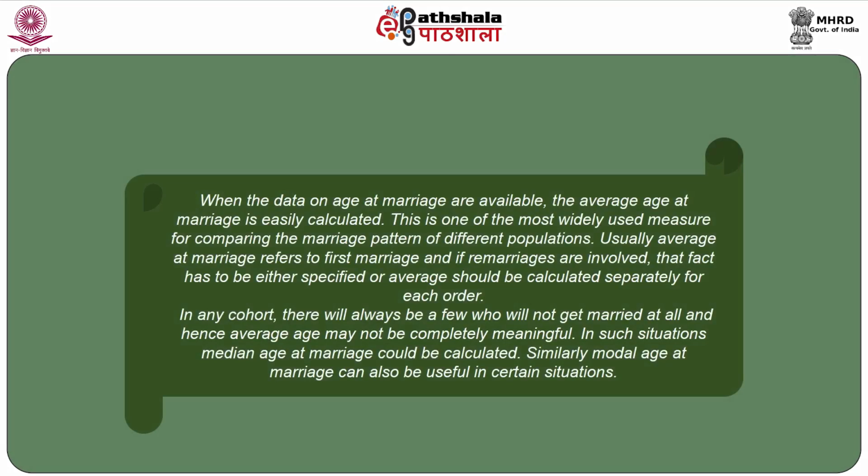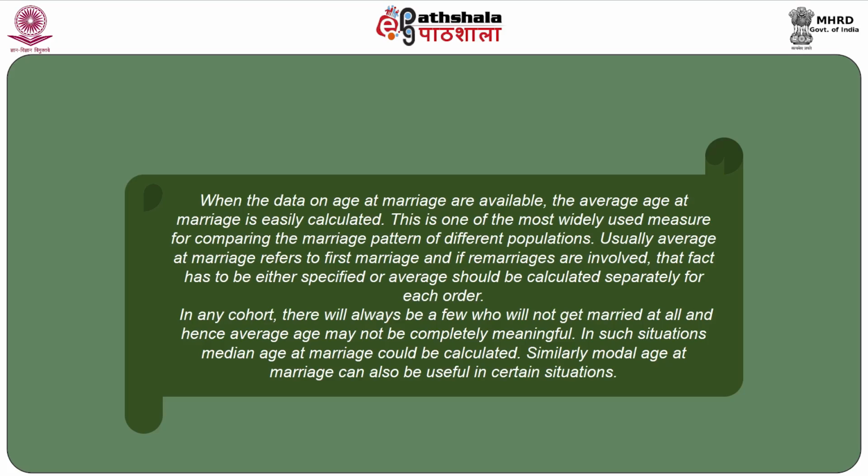When data on age at marriage are available, the average age at marriage can easily be computed. As we discussed in other modules, the data limitations are to be kept in mind while estimating the demographic parameters.